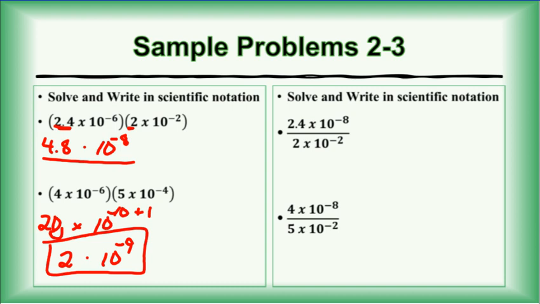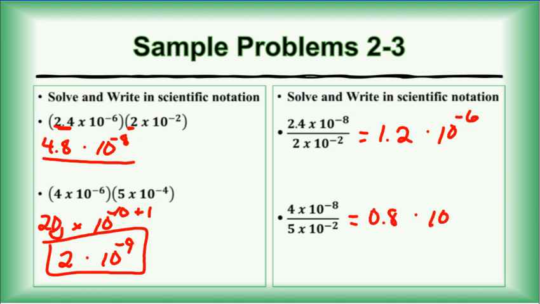With division, 2.4 divided by 2 is 1.2 times 10. And now I subtract the exponents, so negative 8 minus a negative 2 is a negative 6. Next one, I got 4 divided by 5. 4 divided by 5 is 0.8 times 10.